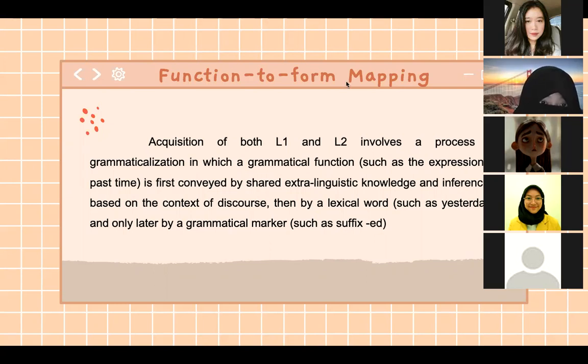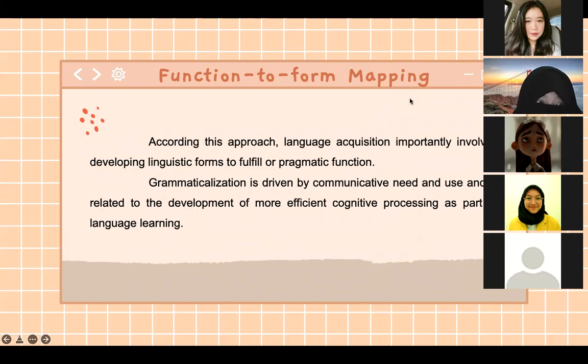According to this approach, language acquisition importantly involves developing linguistic forms to fulfill our pragmatic function. Grammaticalization is driven by communicative need and use and is related to development of more efficient cognitive processing as part of language learning.